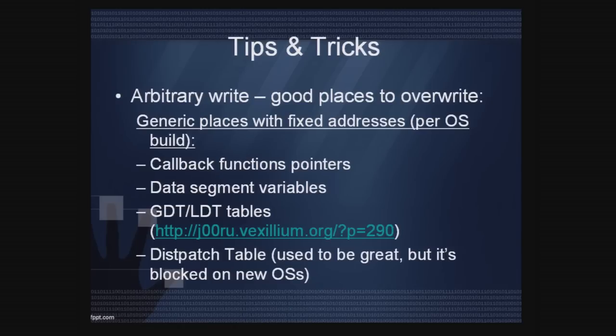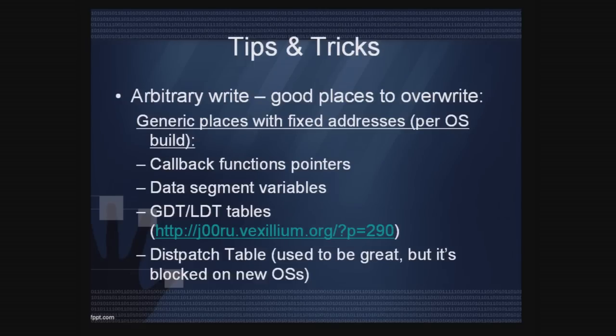Okay, so down to the hardcore part of the presentation. Different tips and tricks to do stuff when you actually have an exploit. Many times you have an ability to write some arbitrary data to any address that you want. So good places to override: callback function pointers.